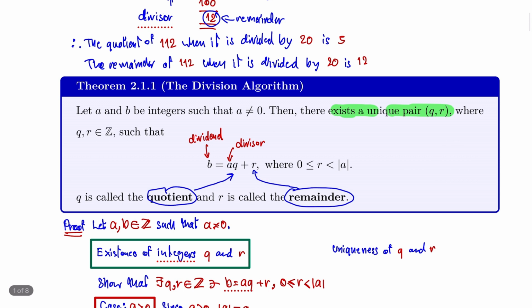If we have two integers A and B, we will have a unique pair of integers Q and R such that B equal to AQ plus R, where R is greater than or equal to 0 and less than absolute value of A. This is a long proof. That's it for today, and see you in the next video.